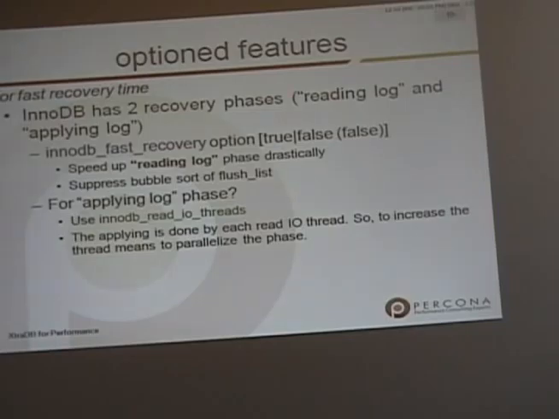I think we should just clap for Yoshinori for this one. Thank you. It's like a 90% reduction in recovery time, something like that. It's even more in edge cases. If you go for gigabyte transaction logs, it can go really low. Like it can be 100 times faster.